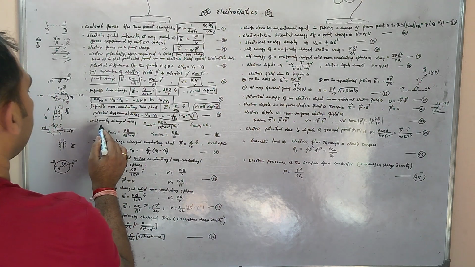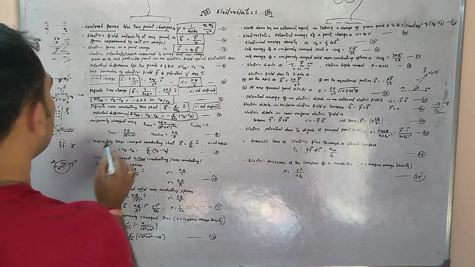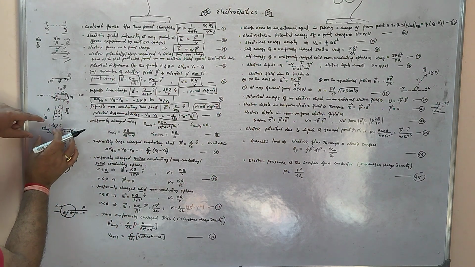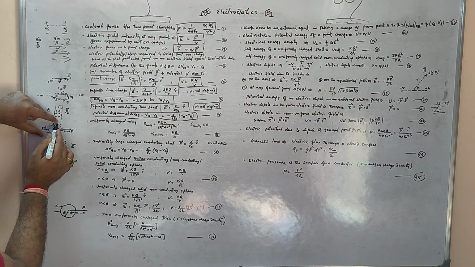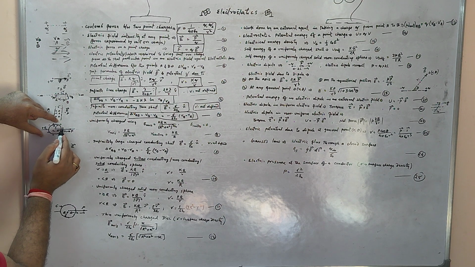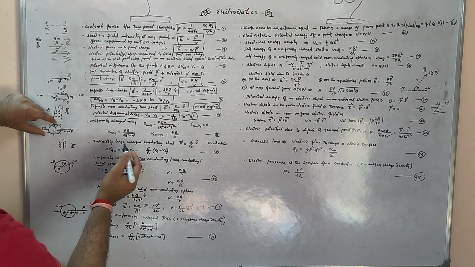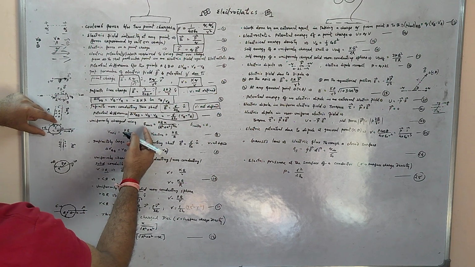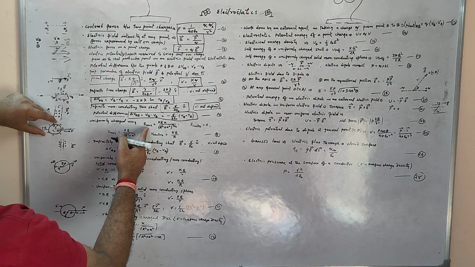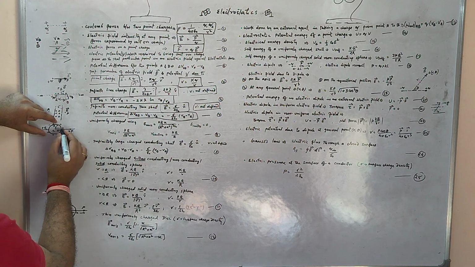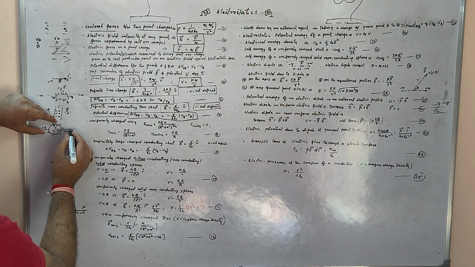Now, if there is a uniformly charged ring, this is a ring that is charged uniformly, then the electric field on the axis, here this is the axis passing through the center.